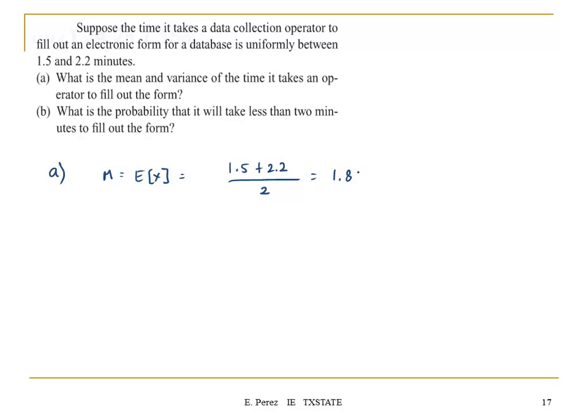And this is 1.85 minutes. Questions? No question. Okay. So the variance of the random variable is just 2.2 minus 1.5 squared divided by 12, and this equals 0.0408 minutes squared.